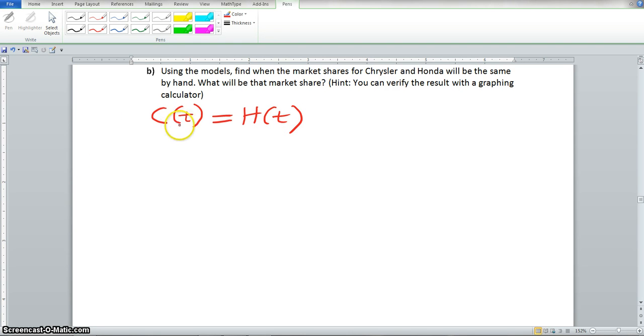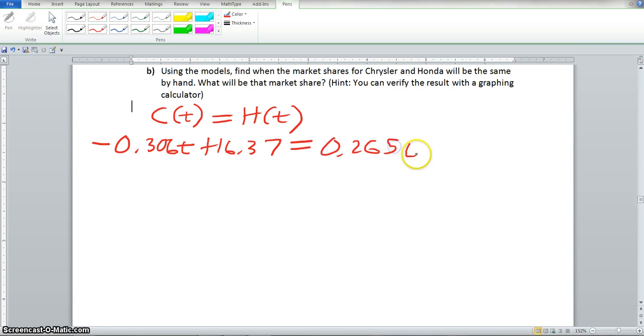So we would have the equation that we got for Chrysler, which is negative 0.306 t plus 16.37. And we would set that equal to Honda's equation, which is 0.265 t plus 5.12.